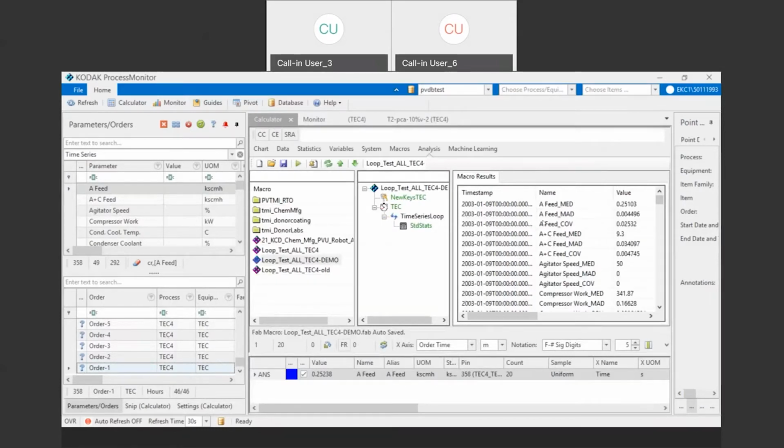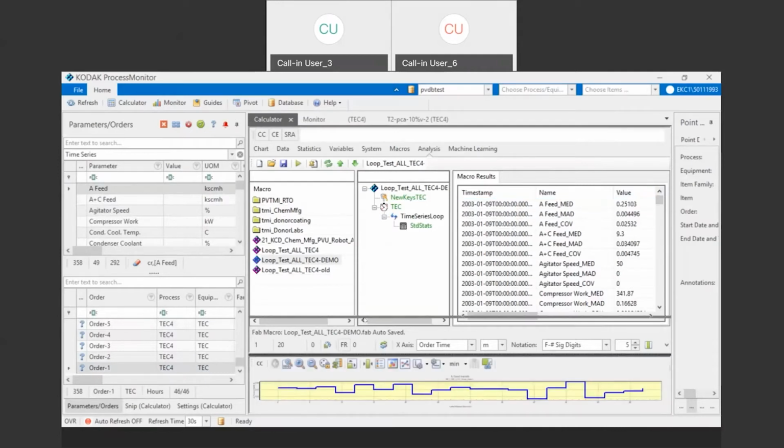It looped through all of those sensors that you just did and calculated the median, the MAD, and the COV. And if I click on any one of them, I can see what that looks like.